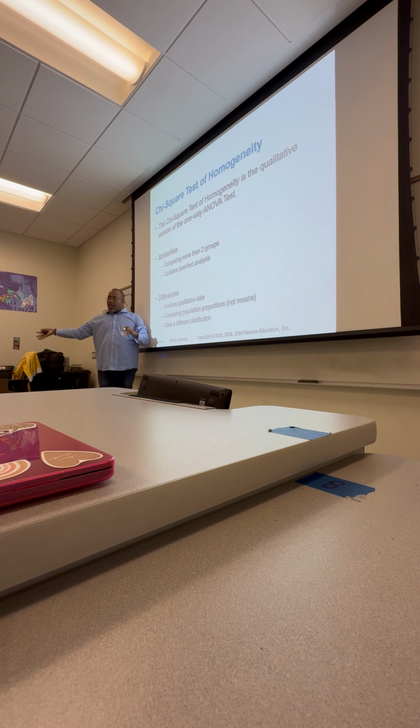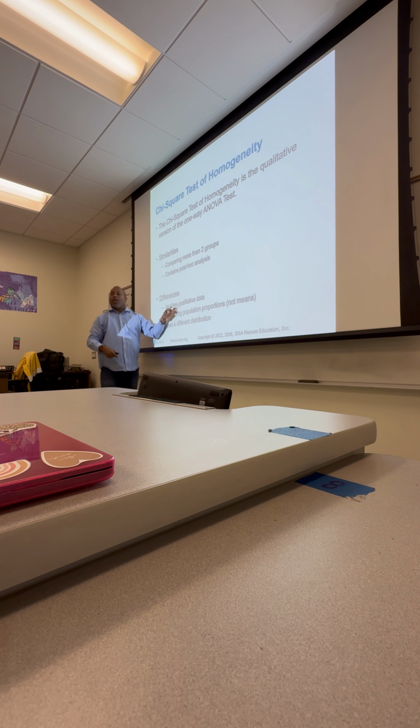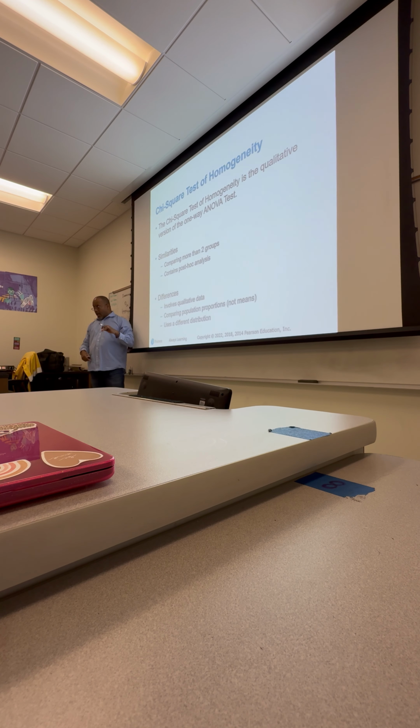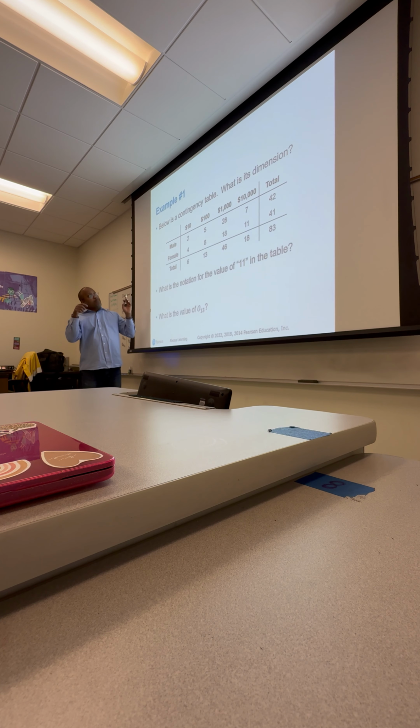When we did the one-way ANOVA test, our dependent variable was quantitative. Here, it's qualitative, okay? So even though I know you're thinking, hold on, those are dollar amounts. Dollar amounts are quantitative. You're right. But I'm using those dollar amounts as classes now, okay? These are actual classes. And I don't have to have dollar amounts there.